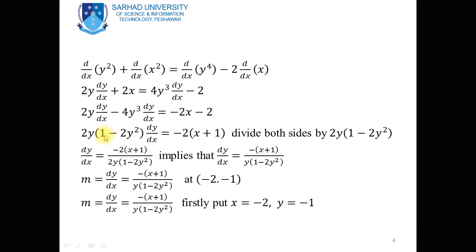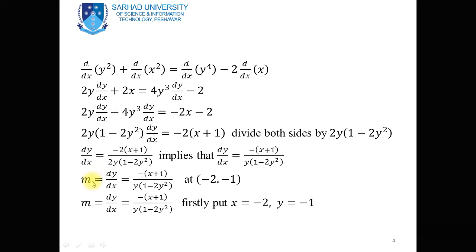Now dividing both sides by the term 2y into (1 minus 2y square), we obtain dy by dx is equal to minus 2 into (x plus 1) divided by 2y into (1 minus 2y square). So this implies that dy by dx, the 2 and 2 cancel, is minus (x plus 1) divided by y into (1 minus 2y square). Now this is actually the slope of the tangent line.